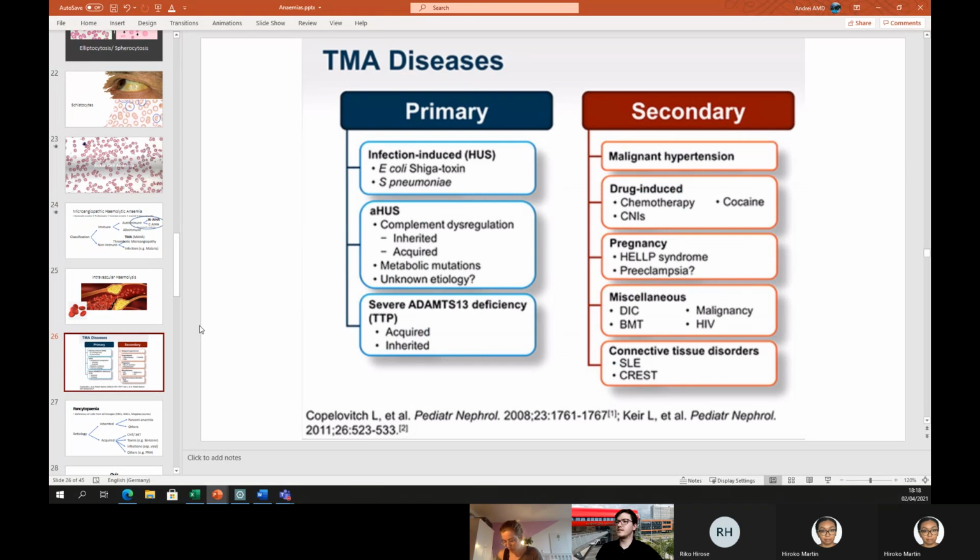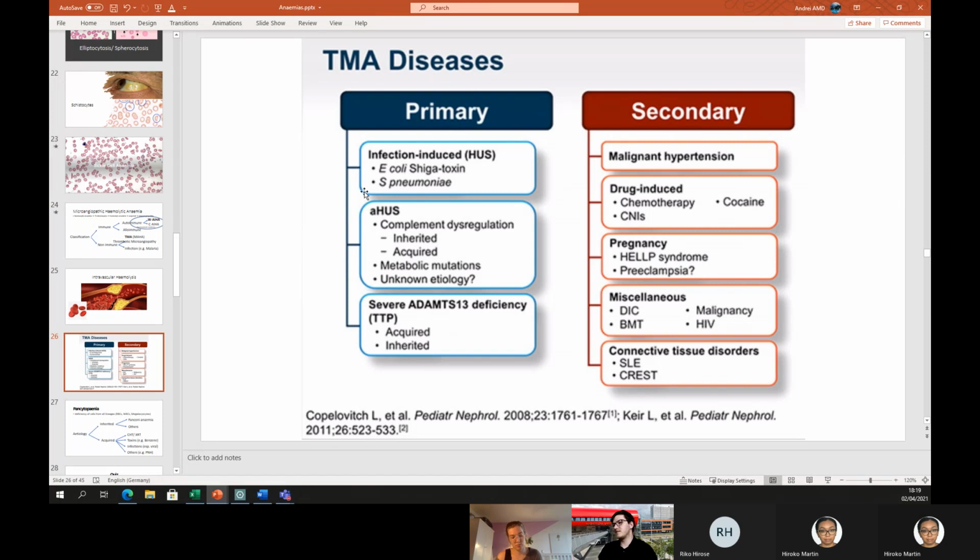I know this is a lot, but it's pretty much necessary to be aware of most of those conditions, as patients don't really choose exactly what they have, they just get it. And it's up to us to identify what it is. So TMA, thrombotic microangiopathy, also known as microangiopathic hemolytic anemia. I'll just briefly go through it.